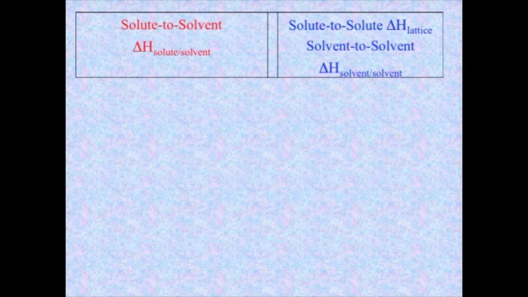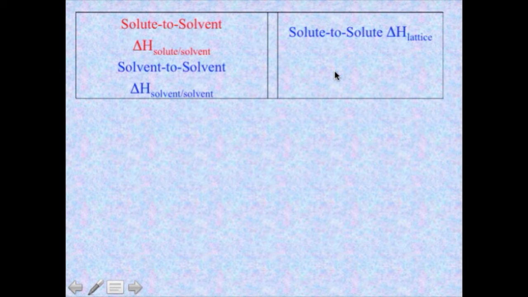Another concept's been developed to simplify the calculation of the heat of solution, and that is if we take the solvent-to-solvent enthalpy, the enthalpy required to pull the solvent particles apart, and move that over to combine that value with the enthalpy of mixing, the energy given off when the solute and solvent attract each other.